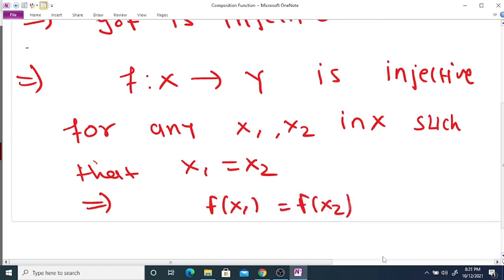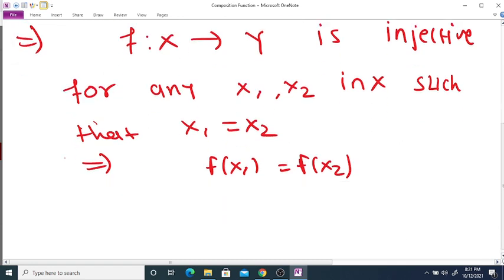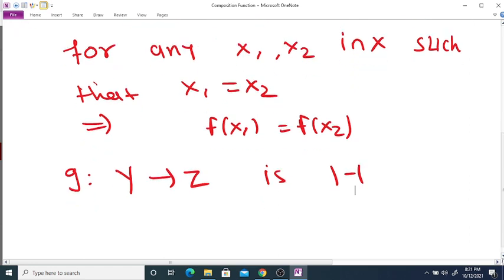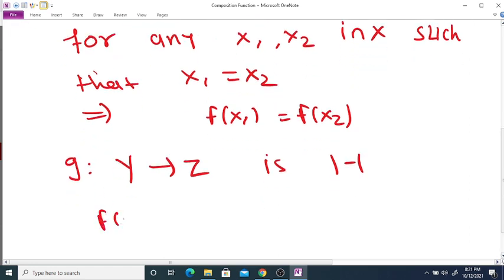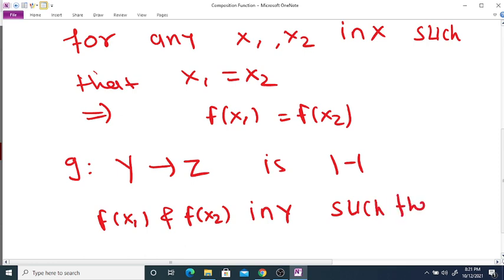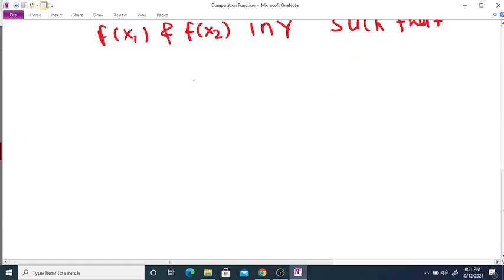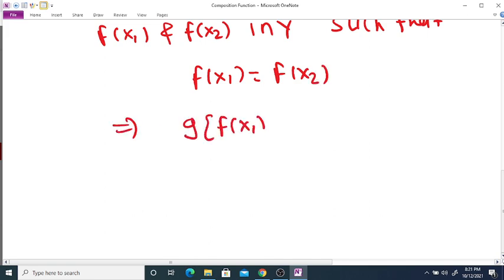Okay. Now again g is a function from Y to Z and is a one-one function, and therefore for any f of x1 and f of x2 in Y such that f of x1 equals f of x2, then g of f of x1 is equal to g of f of x2.